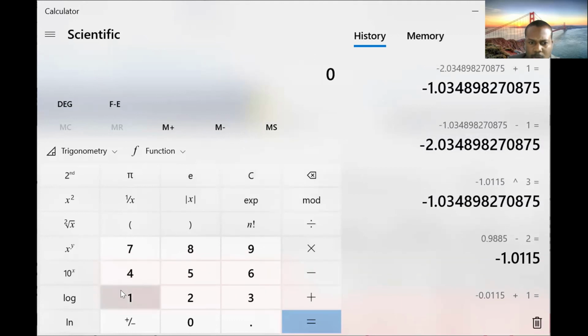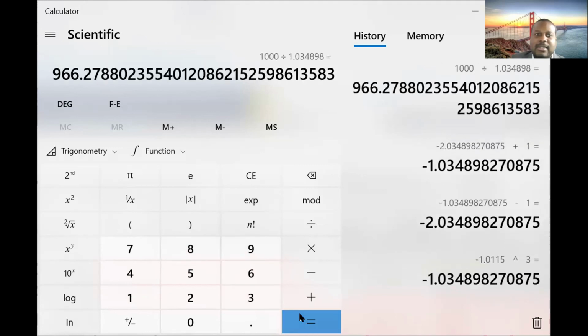So 1,000 divided by 1.034. We could say 998 is 966.27 or 28.